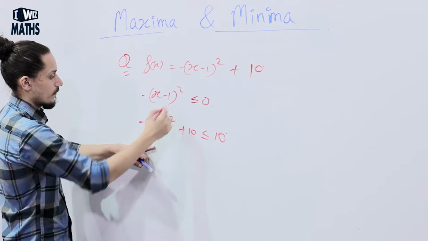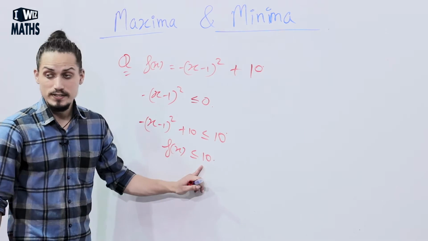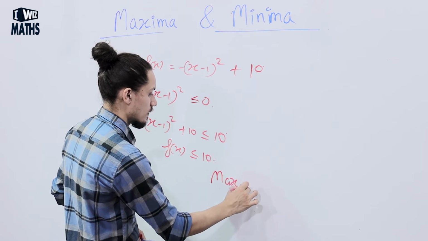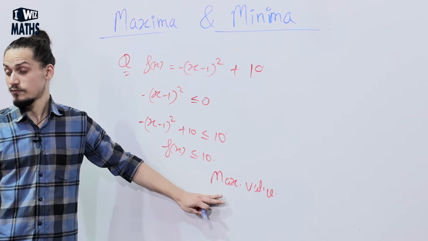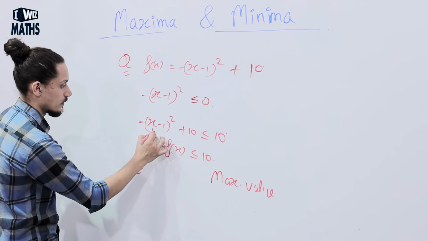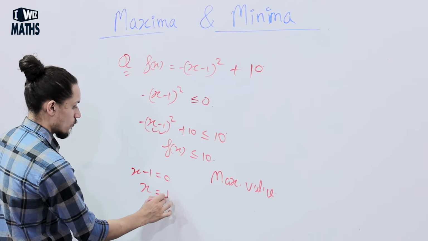Since this f of x is less than some constant number, we say it attains a maximum value. Now we know its maximum value is equal to 10, but let's find it properly. To find its maximum value, we have to put x minus 1 equal to 0, which implies x is equal to 1.